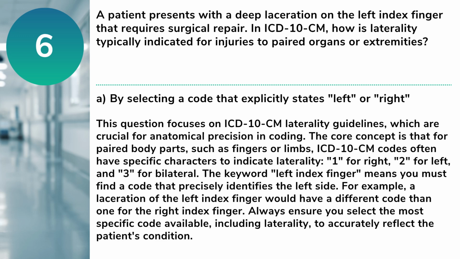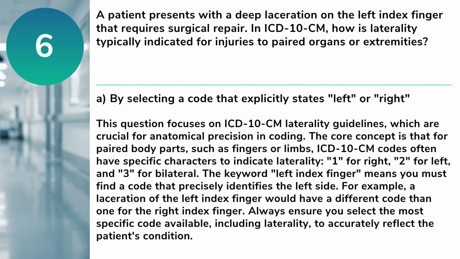Answer: A. By selecting a code that explicitly states left or right. This question focuses on ICD-10-CM laterality guidelines, which are crucial for anatomical precision in coding. The core concept is that for paired body parts, such as fingers or limbs, ICD-10-CM codes often have specific characters to indicate laterality: 1 for right, 2 for left, and 3 for bilateral.